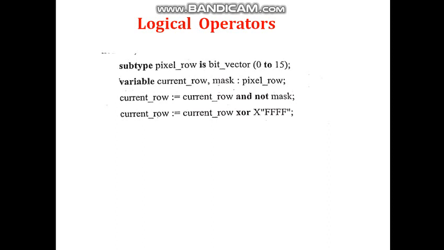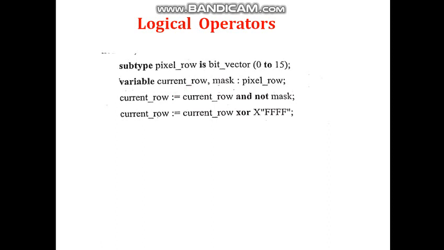Another one is variable current_row, mask: pixel_row. Then current_row := current_row and not mask, and current_row XOR X"FFFF". These are different terms, but in each one the operation is related with the logical term.